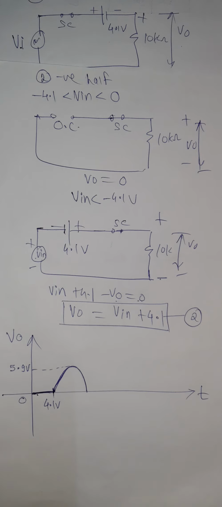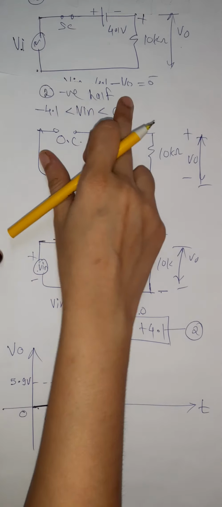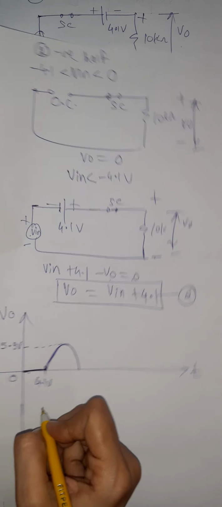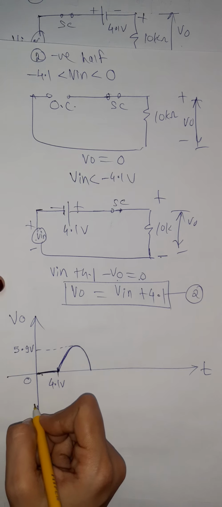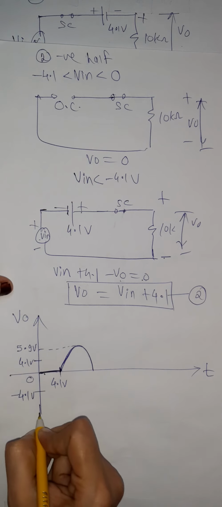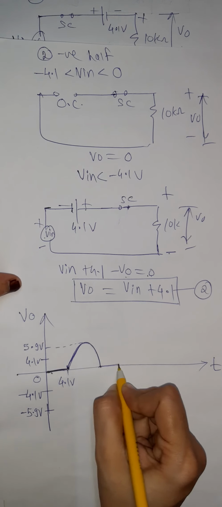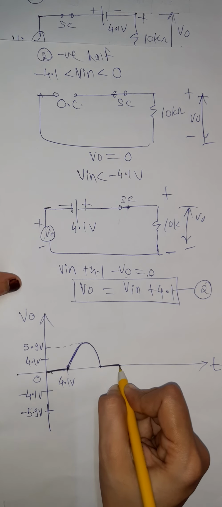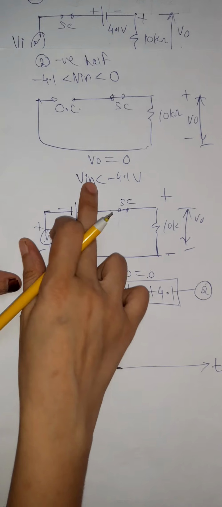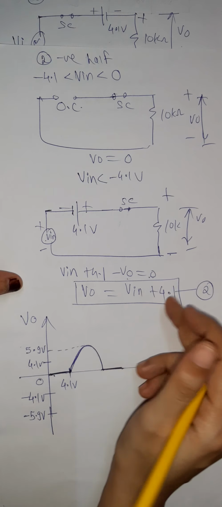Now I will use the analysis of the negative half cycle. In the range of minus 4.1 volt to 0, it is again 0. Suppose this is minus 4.1, this is minus 5.9 volt. For the negative half cycle, for V in less than minus 4.1 volt, we get V0 equal to V in plus 4.1 volt.